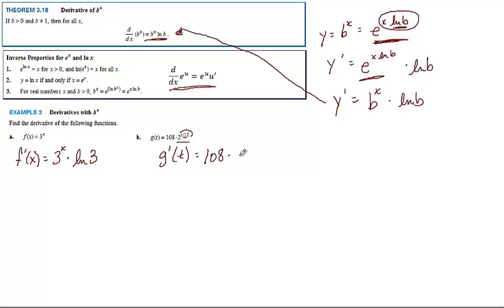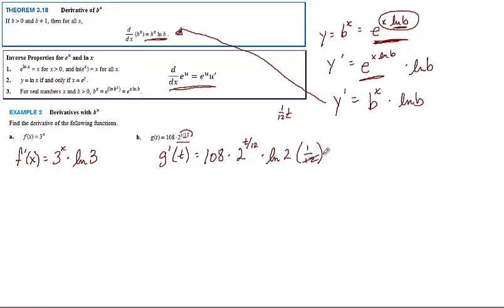What I will do is take the derivative of the outside, which is 2 to the t over 12 times the natural log of 2, which is my base, times the derivative of the inside. The derivative of t over 12 is the same as 1/12 times t, so that's just a constant, which would then be 1/12. Now this will simplify a little bit.